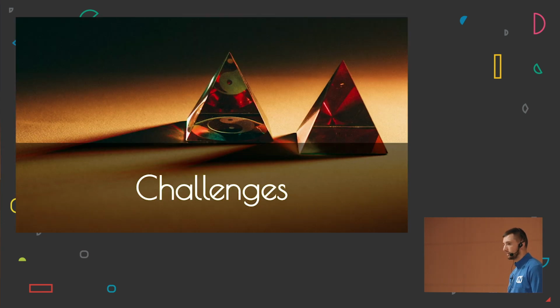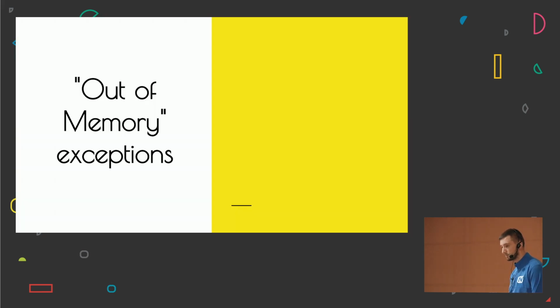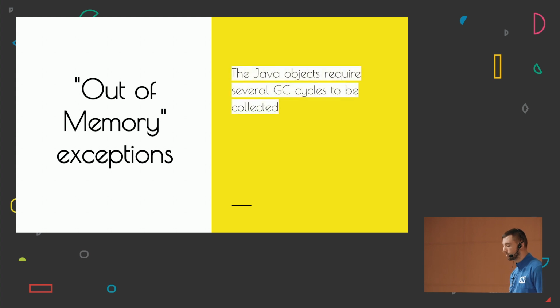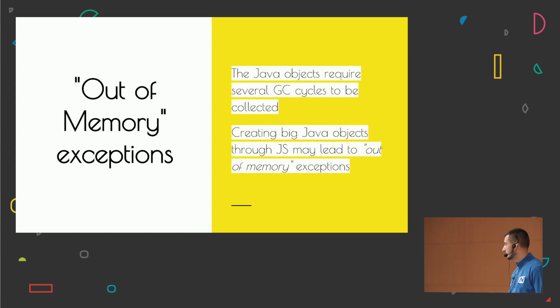However, there are some challenges. In some cases, we could run into out-of-memory exceptions. Although this is rare, because most of the objects are pretty small and are garbage collected just in time. When dealing with native arrays or native images, we may run into some of these problems.